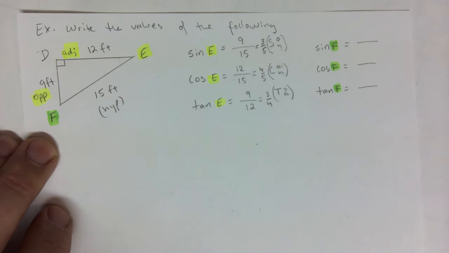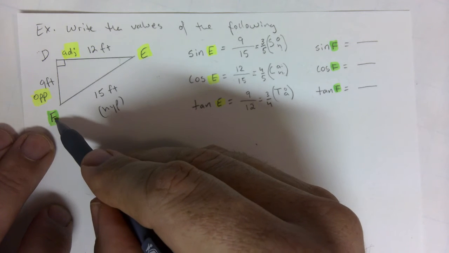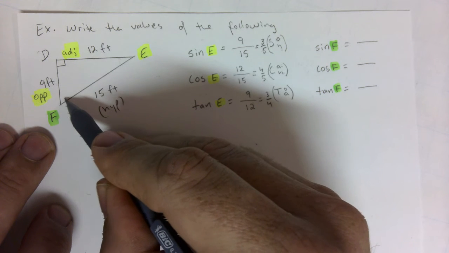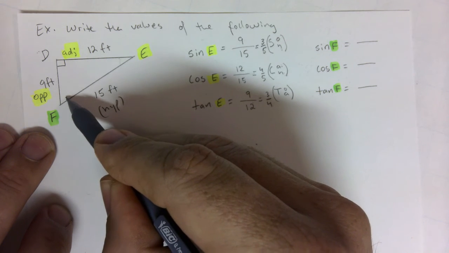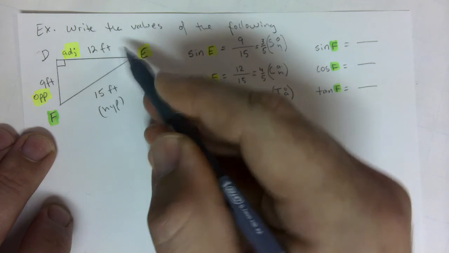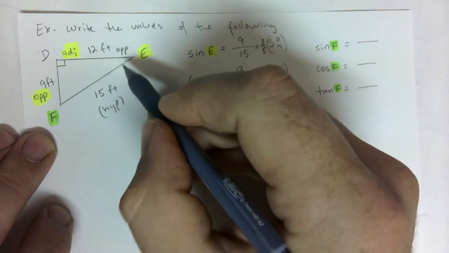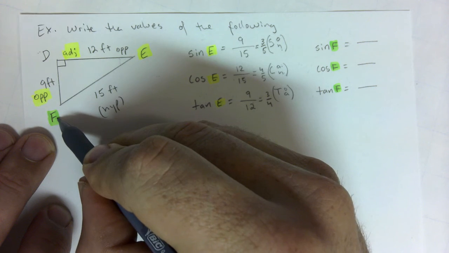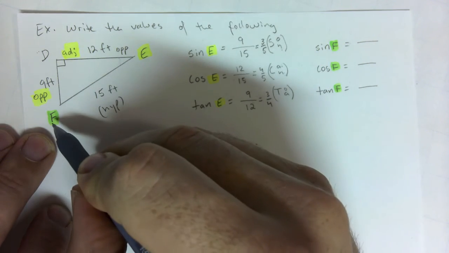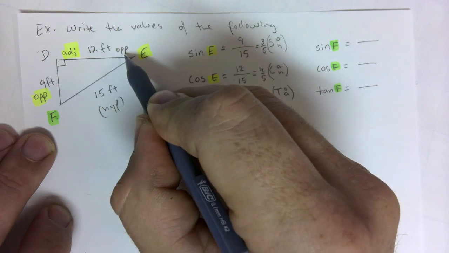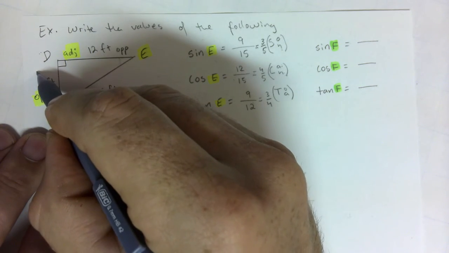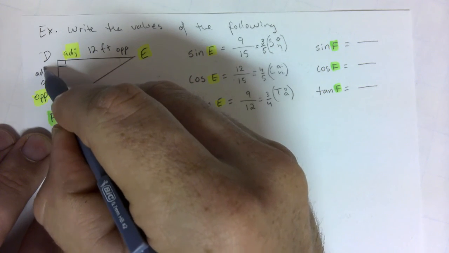Hypotenuse doesn't change in this triangle, it stays fixed. But based on F, if this is now my reference angle, you call this side the opposite. You're thinking, what, right? Yes, if this is the reference angle, forget about E now. Focus on F. That's the opposite, and this becomes the adjacent.